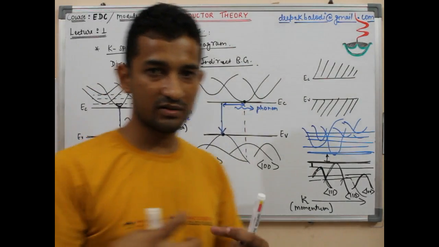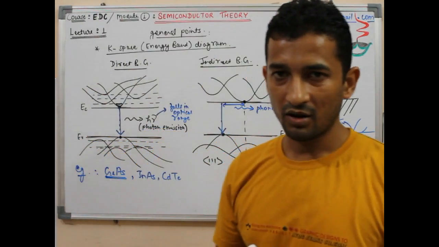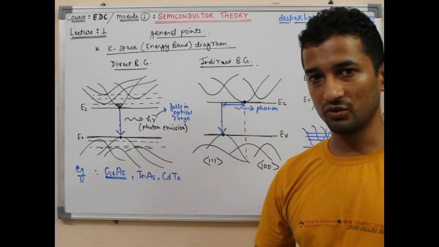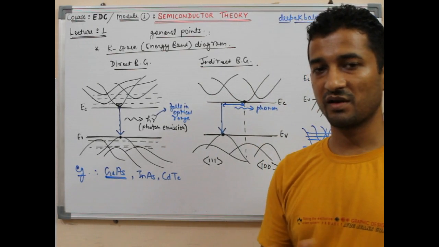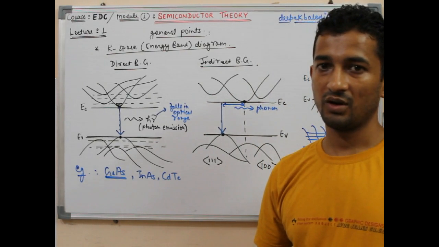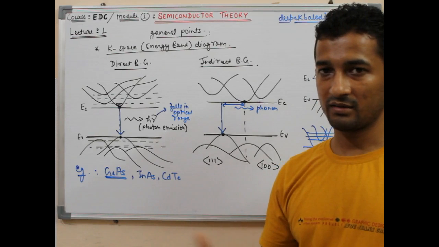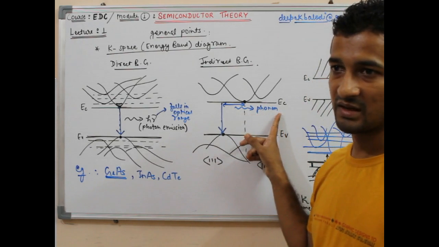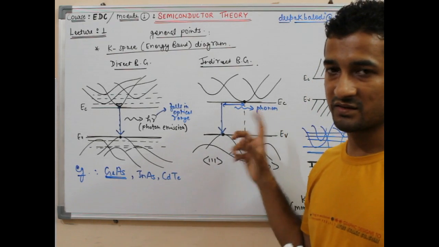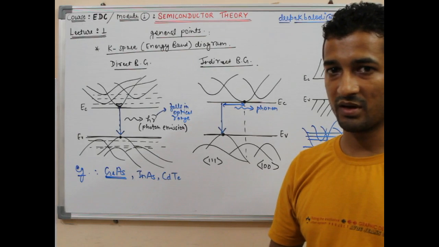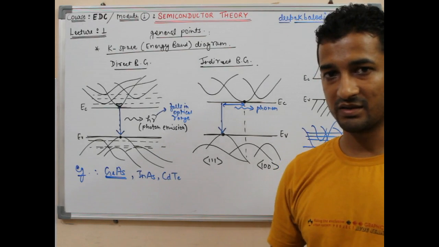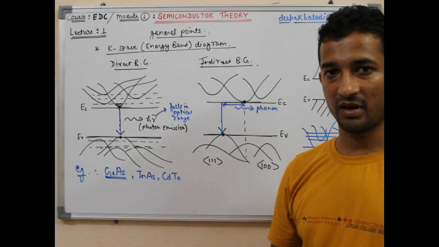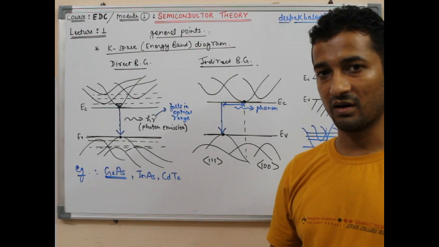So it doesn't happen directly. First of all, the momentums are not aligned already, so they have to be aligned, and in order to do this, the difference momentum is transferred to the lattice. So there happens a lattice vibration, and due to that a phonon emission takes place, and therefore the energy released due to this recombination doesn't fall in the optical range, and therefore it is not finding any application in optical semiconductor electronics.